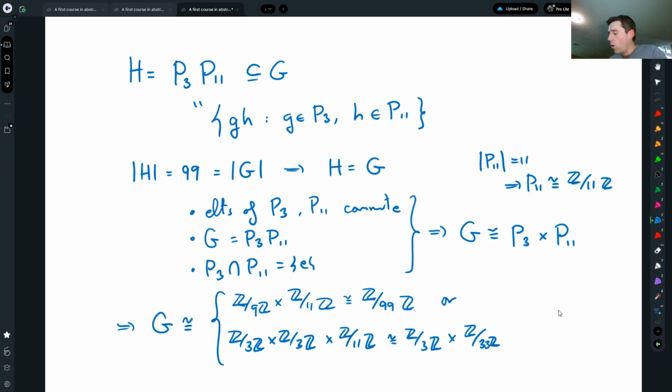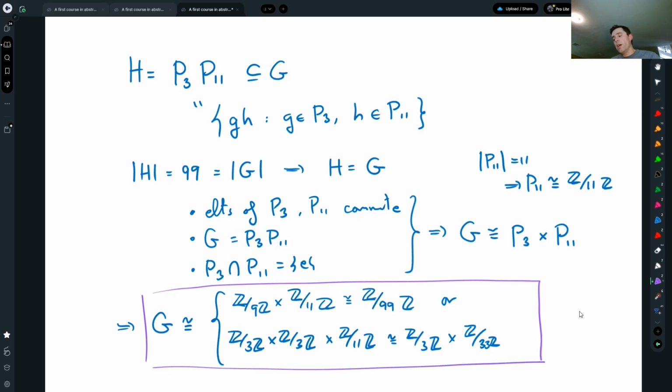So these are the only possibilities for a group of order 99, that it has to be abelian and it has to be isomorphic to one of those two groups.